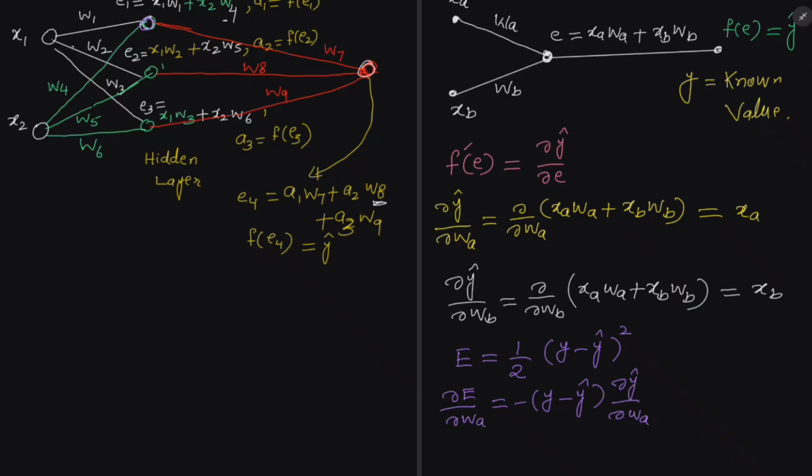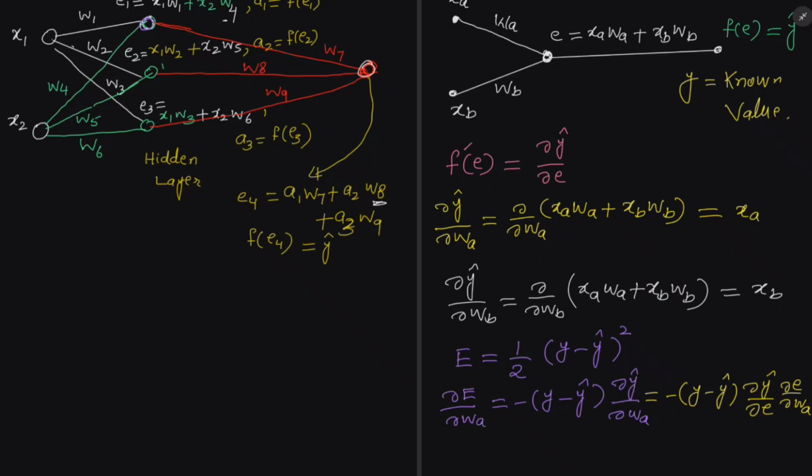Since we differentiated E with respect to WA, y hat is also a function of WA, but from the chain rule, we have minus y minus y hat, partial y hat by partial E, and partial E by partial WA. That's why we needed the chain rule over here.